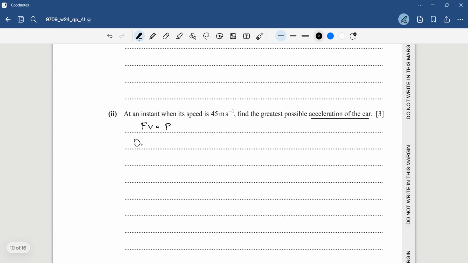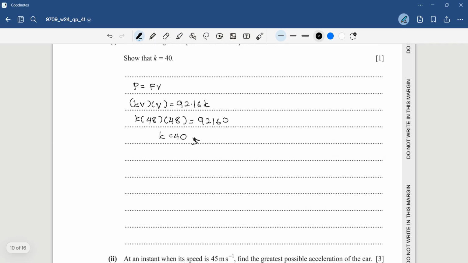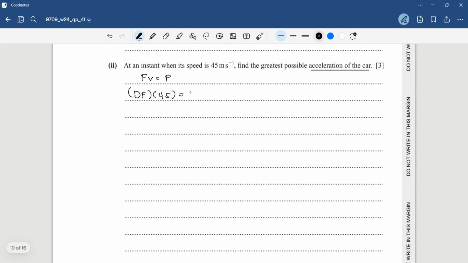So driving force multiplied with 45 is going to be P, which just now is 92,160. Therefore, my driving force will be 2048.